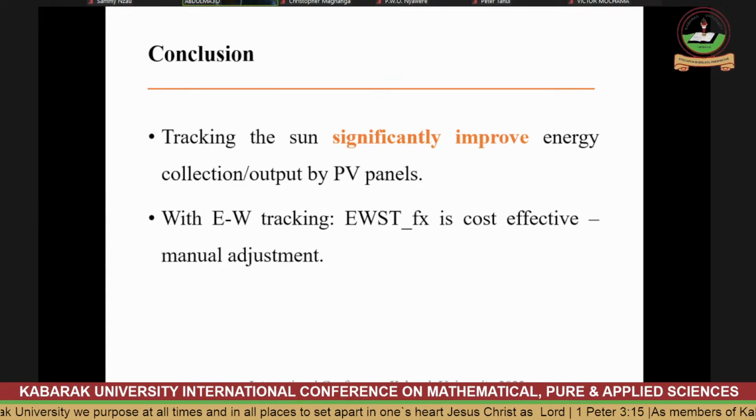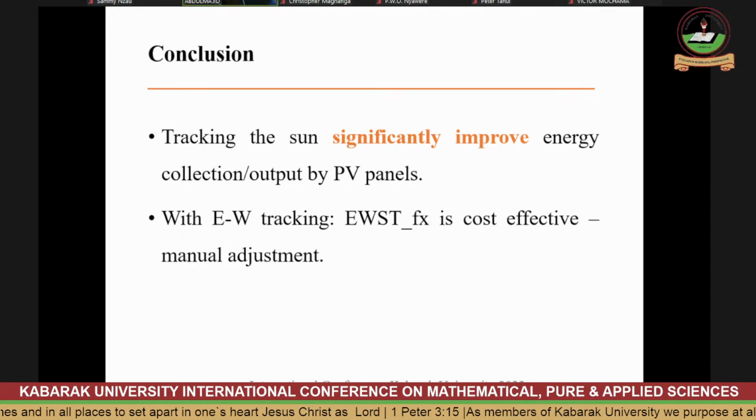So, in concluding, this study has revealed that sun tracking significantly improves the energy collection as well as power output by the PV panel. With east-west tracking, you are tracking throughout the day.